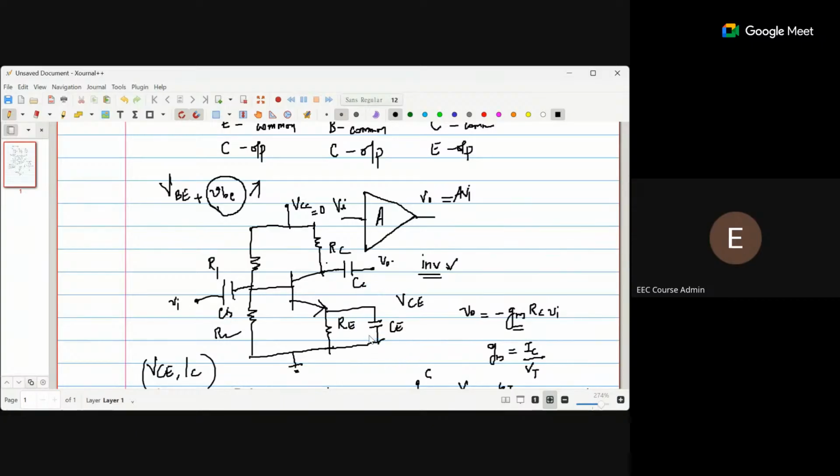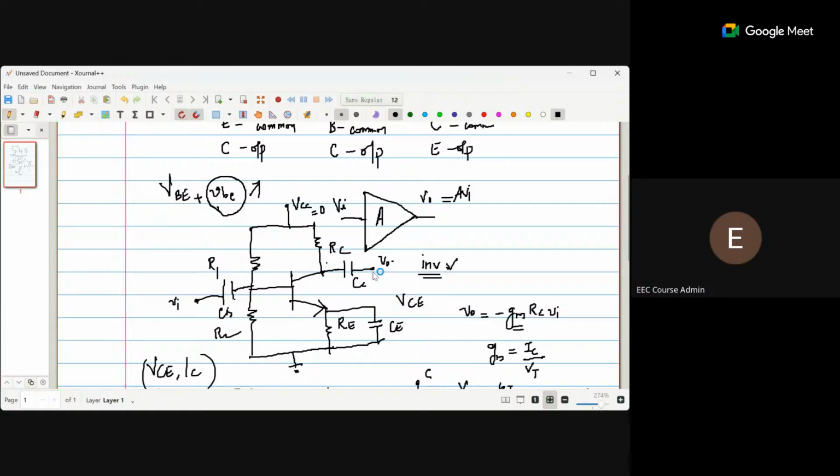So CE helps to maintain the AC gain. Otherwise, if something flows through this RE, that drop will reduce the AC gain. And these two block the DC component. So at exactly the collector terminal, we will have both the DC component of the output and the AC component.